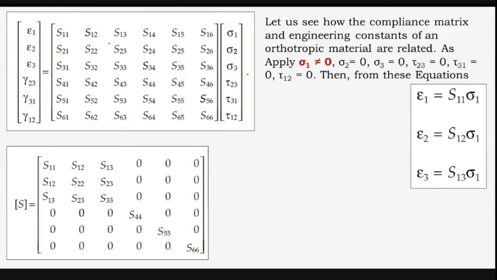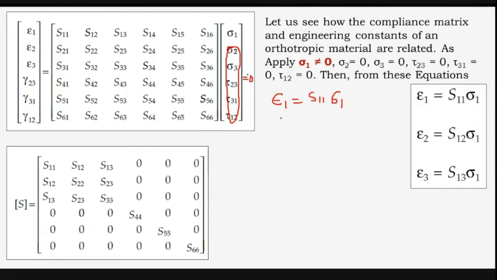So what will we get here? The first equation I have shown you. Because all these stress components are 0, the first equation gives epsilon 1 equal to S11 sigma 1, because the next terms will be 0.